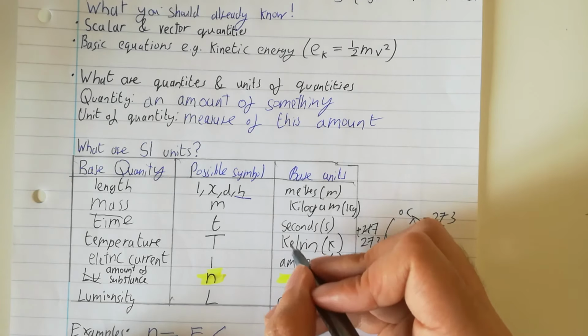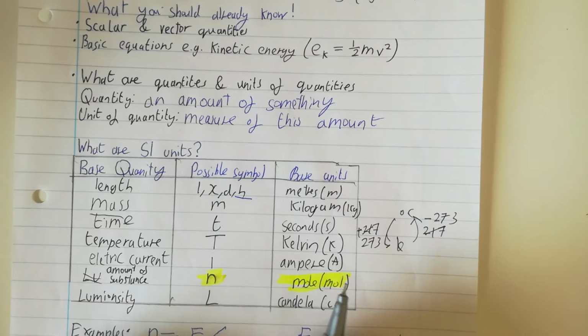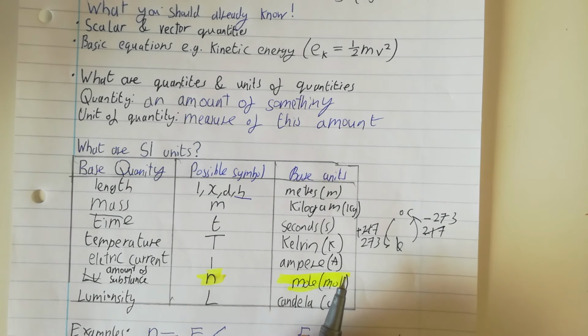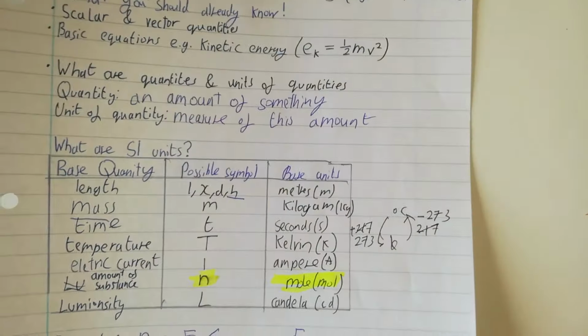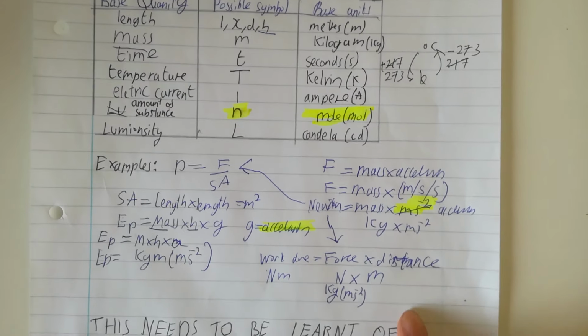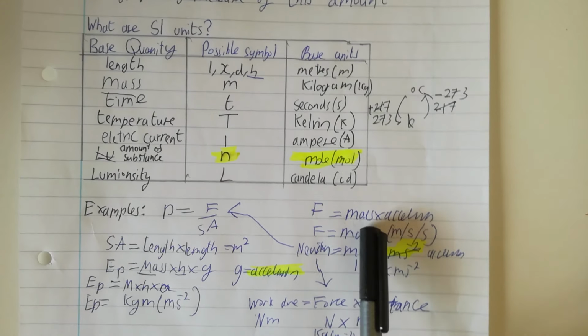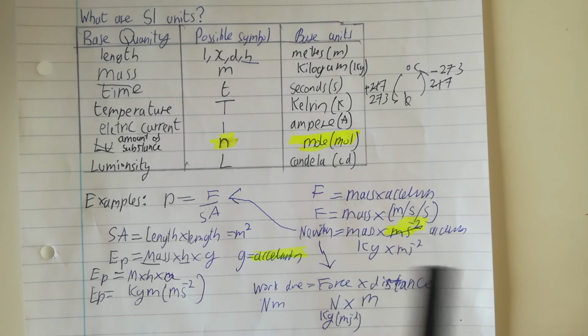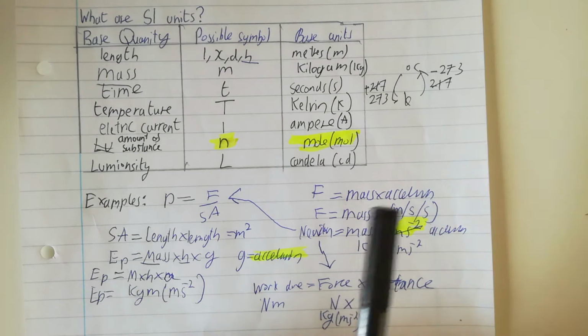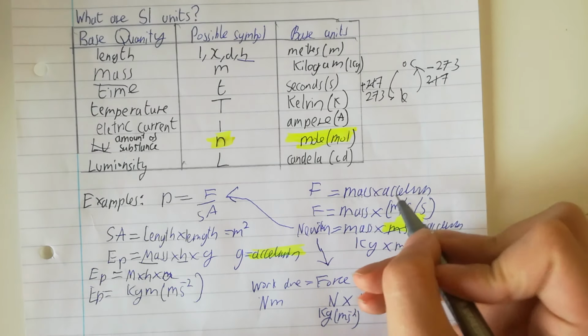Yeah, so let's get into some examples. Start with resultant force, which is over here. So you've got mass times acceleration.